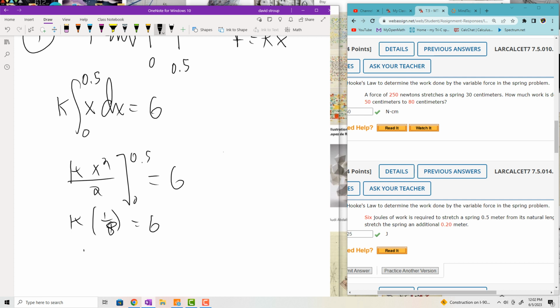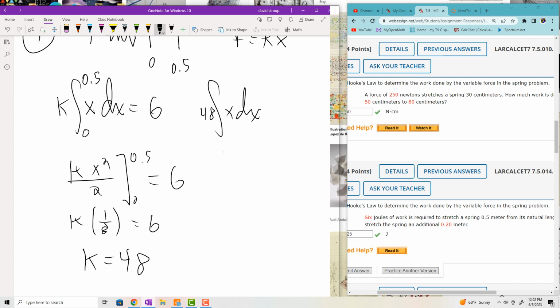And then you have to plug that in, right? 0.5 squared is 1/2 squared, which is 1/4, and then there's that 2 in the denominator, so that would be 1/8, and then minus 0. Okay, so if that's clear, multiply both sides by 8, so the k value is 48, so our integral is really 48x dx.